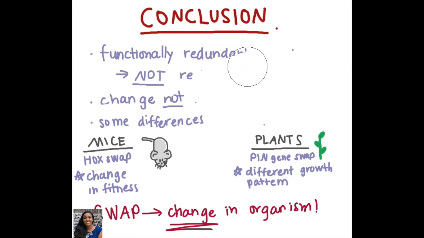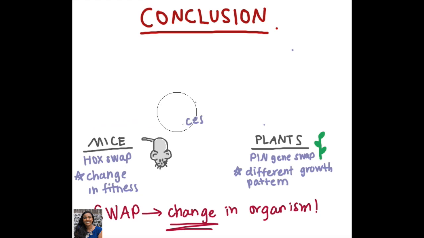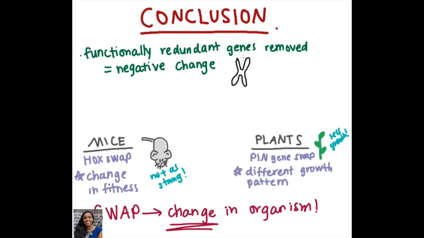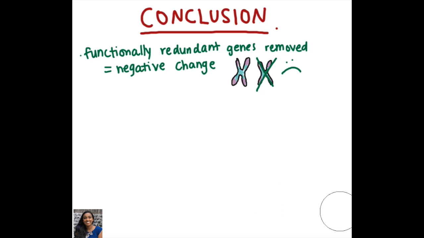It is important to note, however, that the resulting organisms from the mutations were not as strong as the study with mice and had a lower survival rate regarding the study of the PIN family. Quantitatively, this led us to the conclusion that if a functionally redundant gene was removed, a negative change would result.